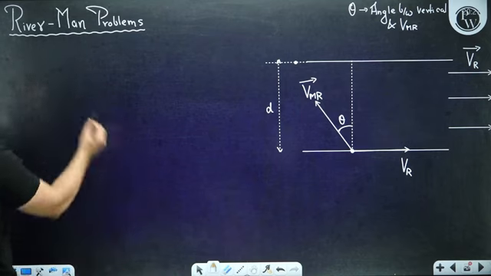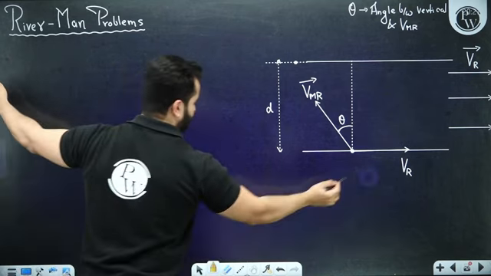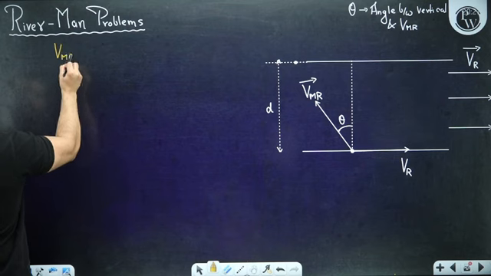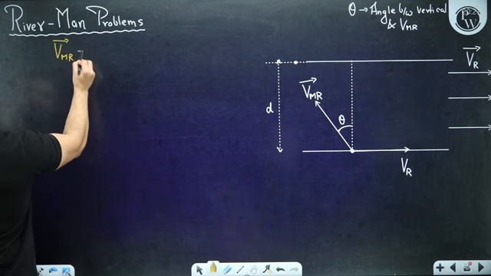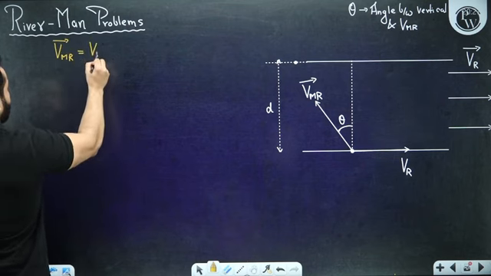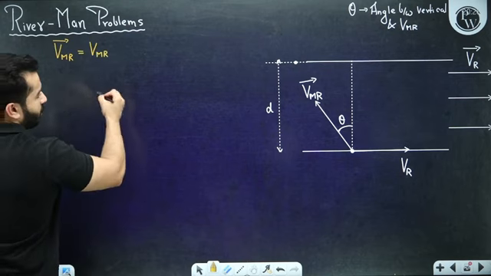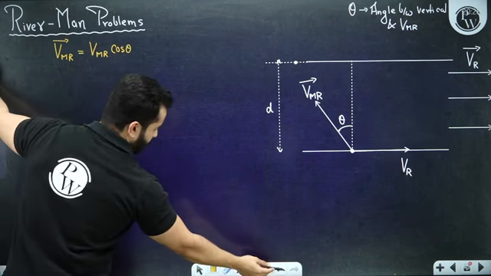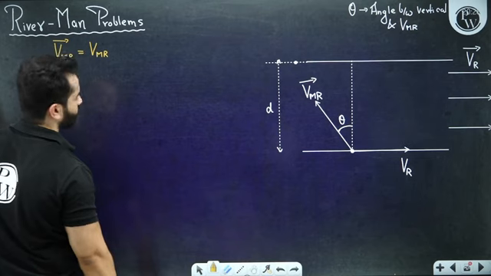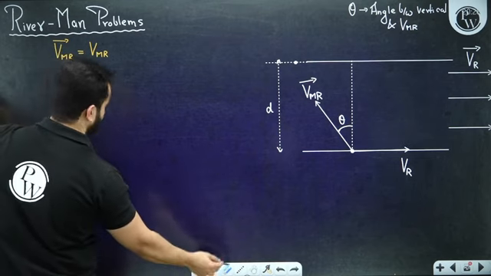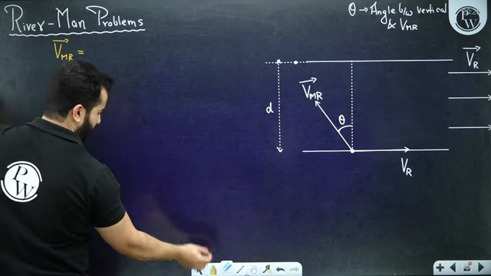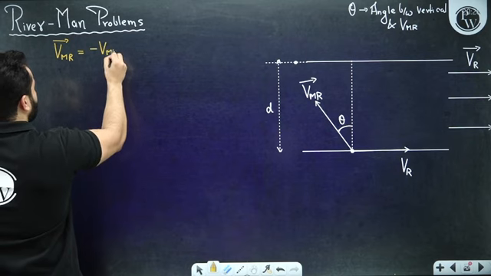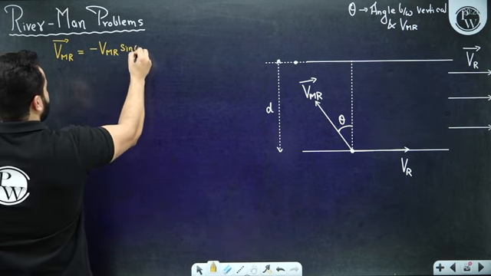Also, one more thing. I can write VMR in component form. I can rewrite it as VMR cos theta, or rather sin theta, and when I write sin theta, I'll write it with a negative sign: minus VMR sin theta i cap.